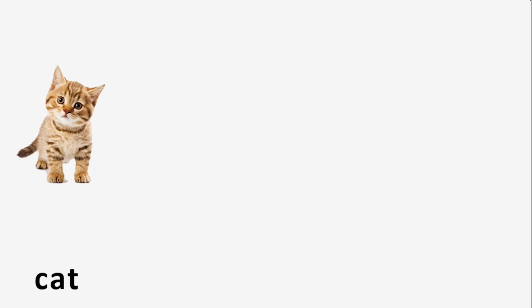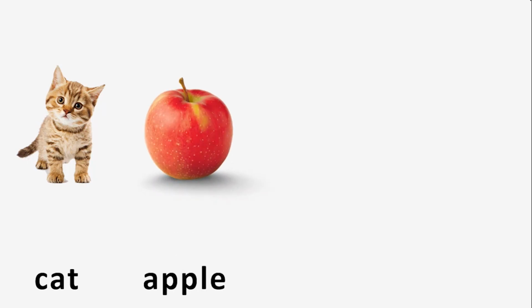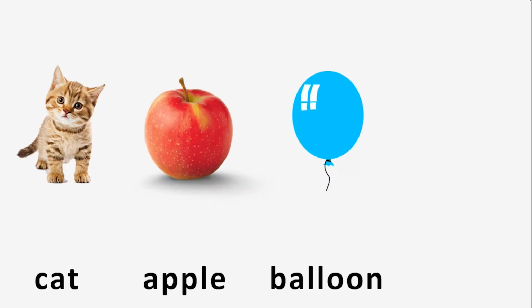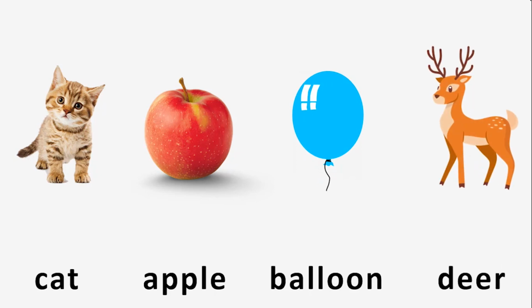As you can see the picture of a cat here, it's an apple, balloon, deer. So cat, apple, balloon and deer. All the starting letters of these 4 words, cat, apple, balloon and deer, it's not arranged according to A to Z order. Okay, so just have a look at it.